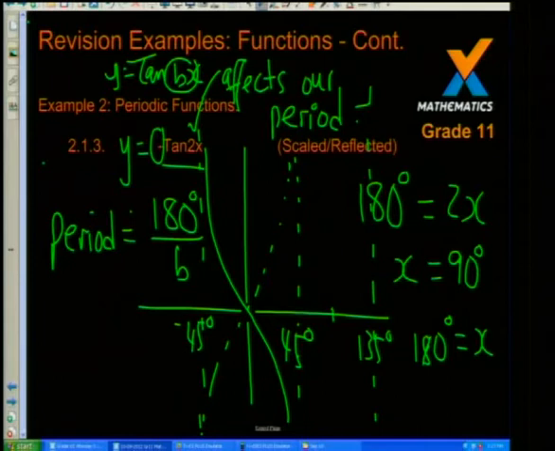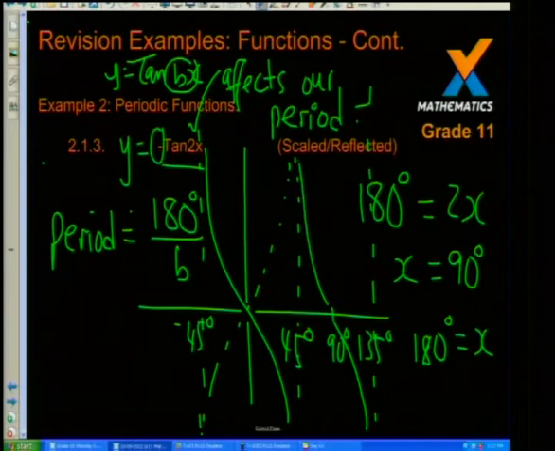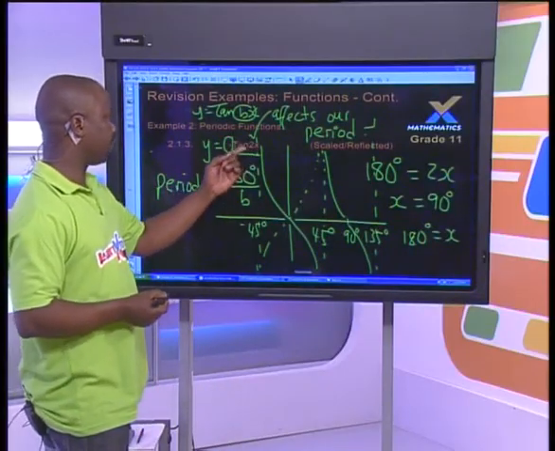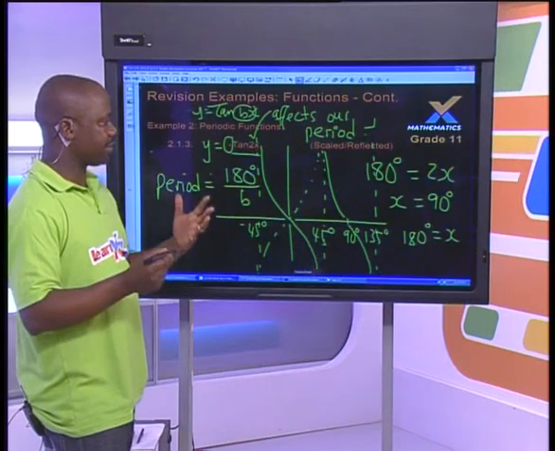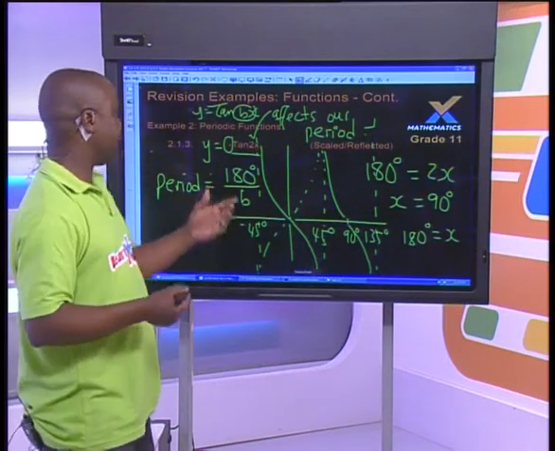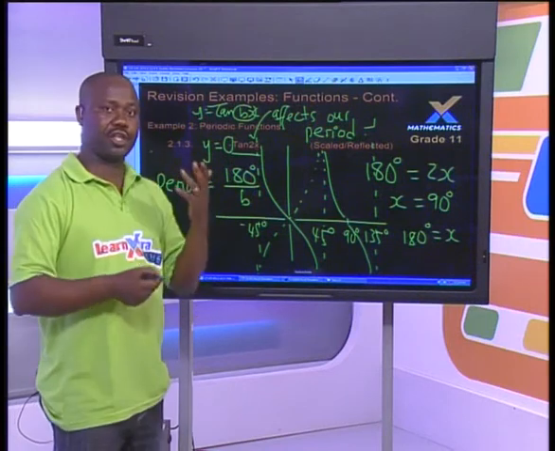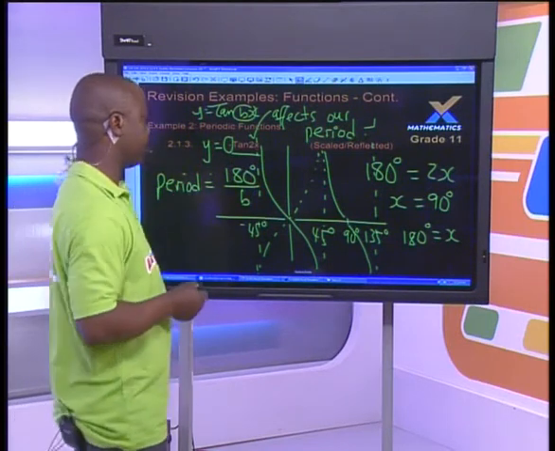From here to there is 90 degrees. Again, at 90, your graph will look like that. I hope that gives a picture of how the coefficient of x affects the period, and how the minus in front of the ratio reflects your graph.